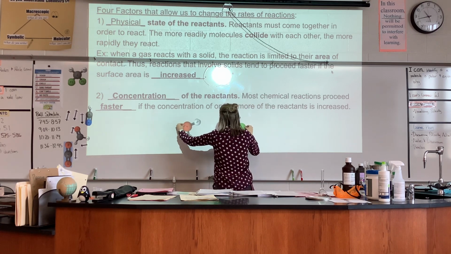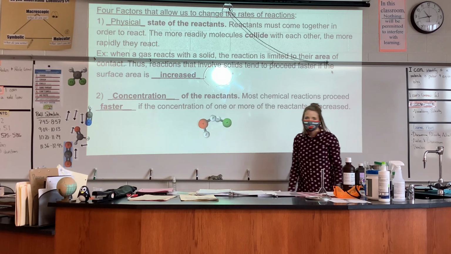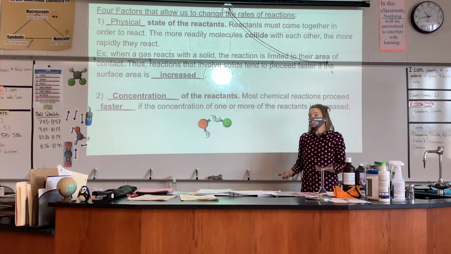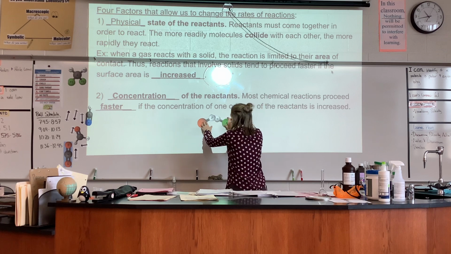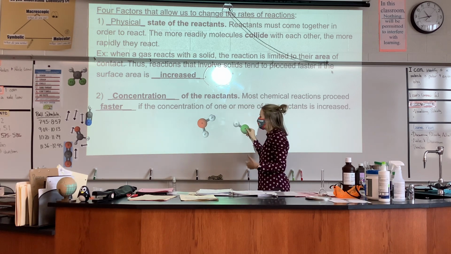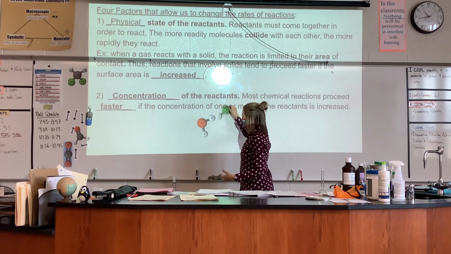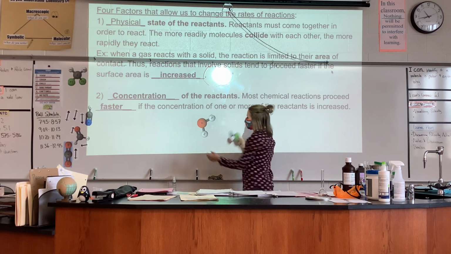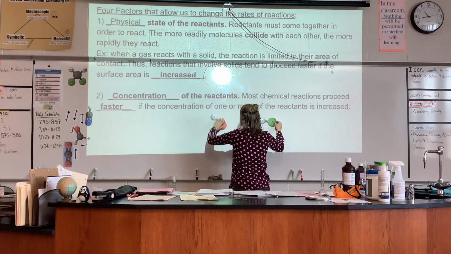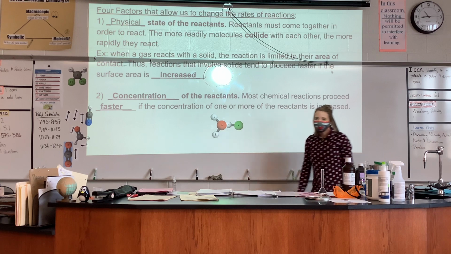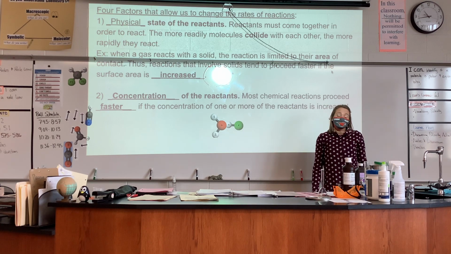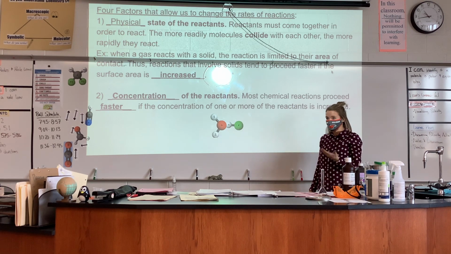But if these collide like this, that's not a successful collision, right? So there's like 99 ways to collide the wrong way, and nothing happens. The only way it actually sticks is if it hits the right spot. That's why the majority of collisions are unsuccessful.